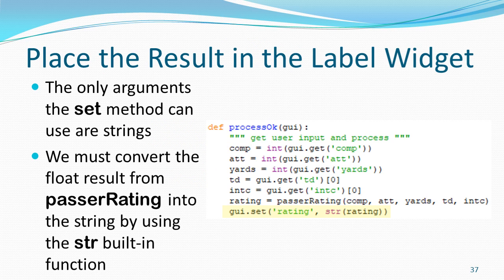Now when we have the result, we remember that it is going to be a float, and to get it into the widget, we have to use the set method, and set will only accept strings. So we have to take the float that we get from passer rating, which we have assigned to rating, convert it into a string, and then call the GUI.set method.